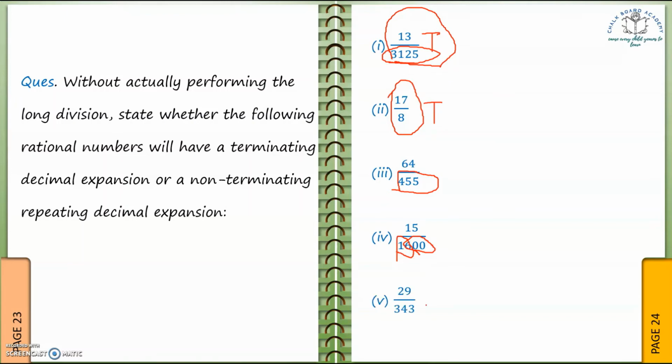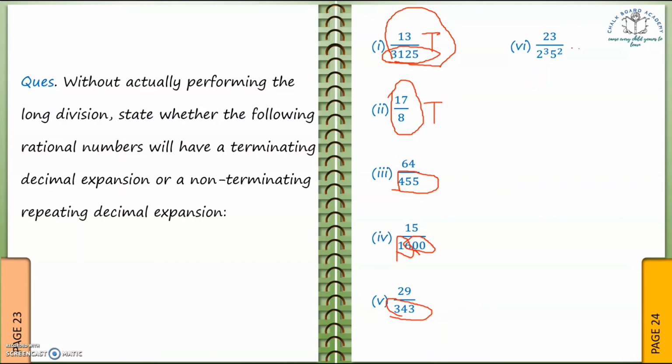Now we have another number, 29 by 343. 343, this is an odd number, so we don't need to look further. We can simply say this is non-terminating, because the numerator is already smaller than the denominator. Now we have another part here, 23 by 2 raised to the power 3, 5 raised to the power 2.